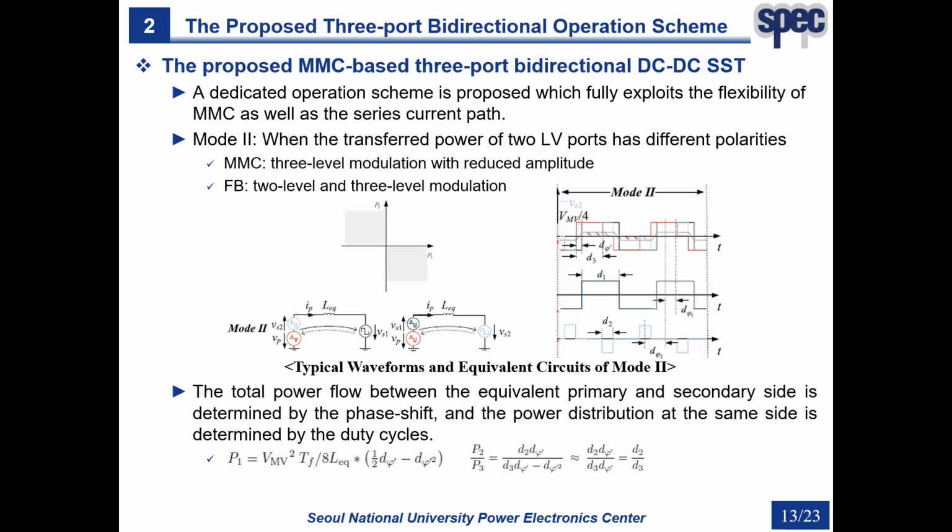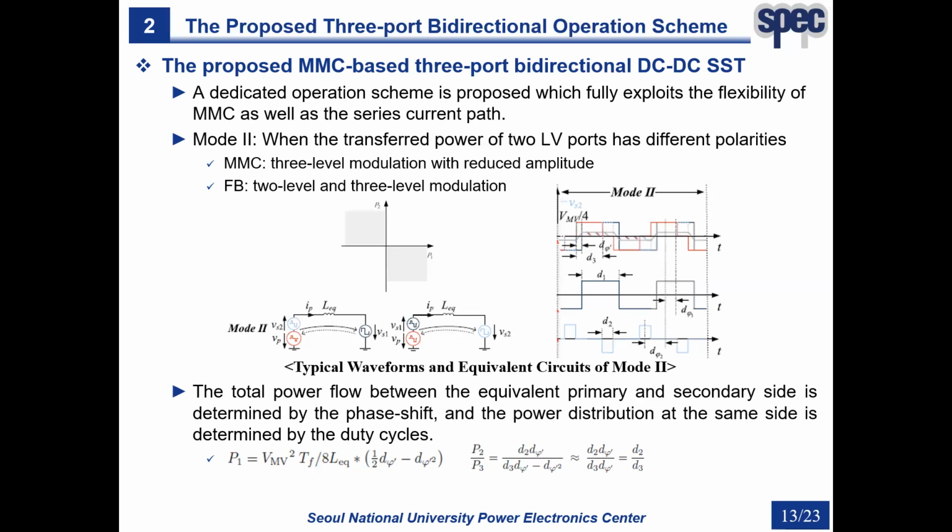Then, the AC side voltages at the same side can add up to a square wave similar to a two-port DC-DC SST. To do that, the MMC and full bridge of port 2 are both modulated as three-level waveforms, and the full bridge of port 1 is modulated as two-level waveforms, as shown in the figure.